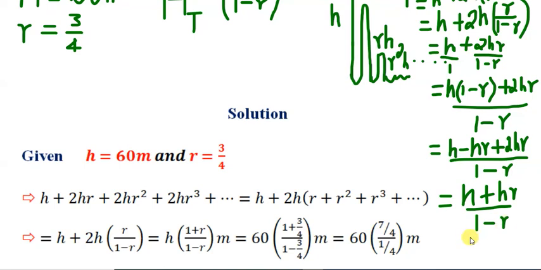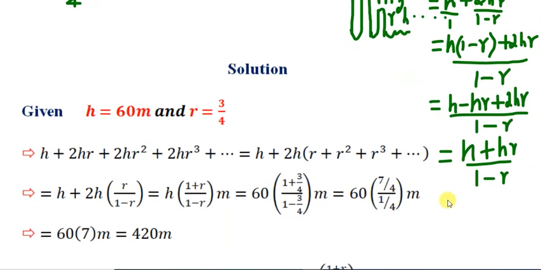And now observe the expression on the numerator. h is common for both. Common out h. When h is common out, it leaves behind 1 plus r over 1 minus r multiplied by h, because we commoned out h. That is the formula. That is the total vertical height.